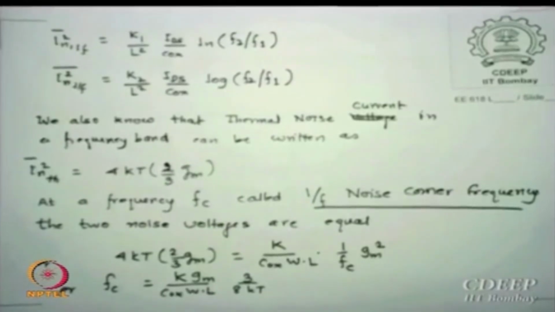So what is it trying to tell? Why has this expression been shown? If you see the spectral density for this, it essentially tells us that the larger the bandwidth, the larger the noise. Is that clear? There is a relationship between noise and bandwidth.